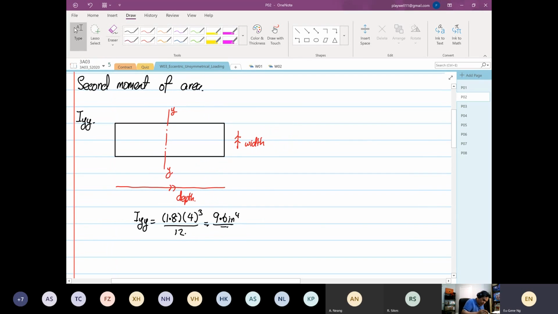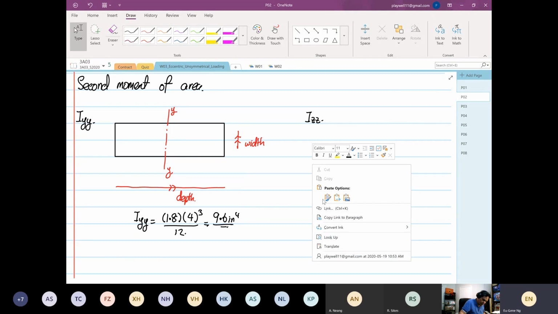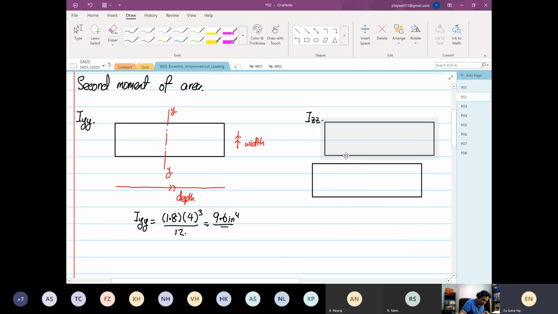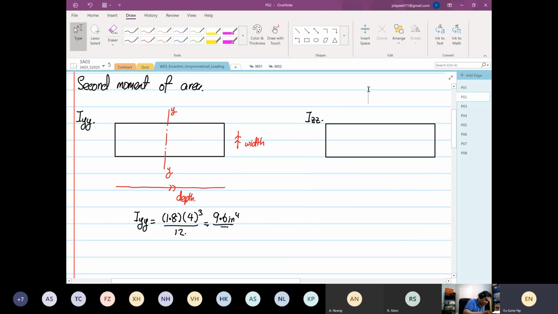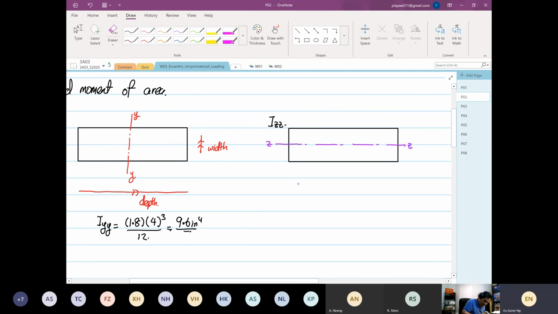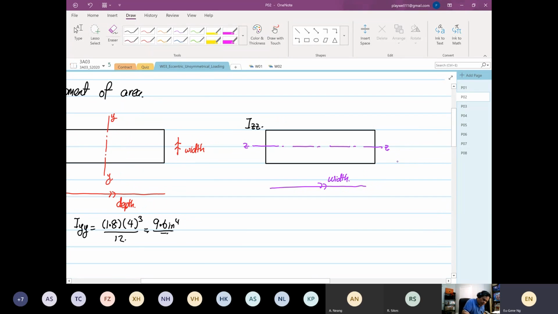Then I will do it by the side so you can compare for yourself. So this is Izz. Again, identify which is the width and which is the depth. It's very easy if you do it relative to your axis. So ZZ over here, this is your ZZ axis. In this case, the geometry that's parallel now becomes the width, and when it's perpendicular to the axis, this is the depth.